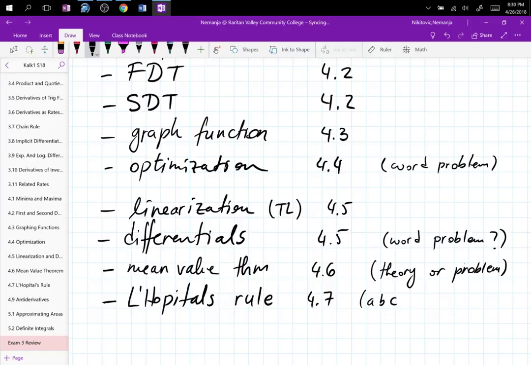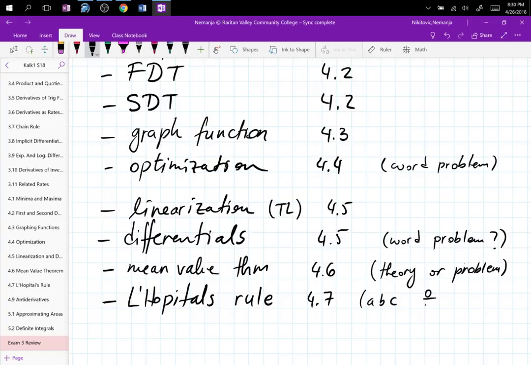People that are going into Calc 2, if they don't know L'Hopital's rule, just please don't sign up. Because half of your Calc 2 is taking limits, chapters 8 and chapter 9. And if you can't do L'Hopital's rule, which is the most frequent one, well, then half of your Calc 2 is, yeah. So, let's say ABC.